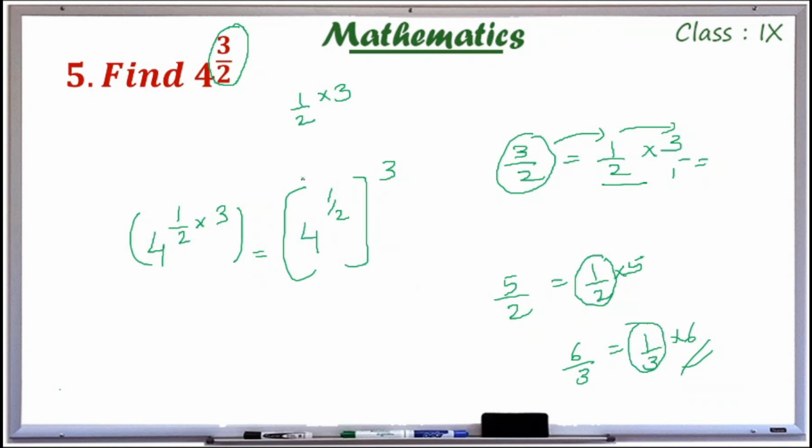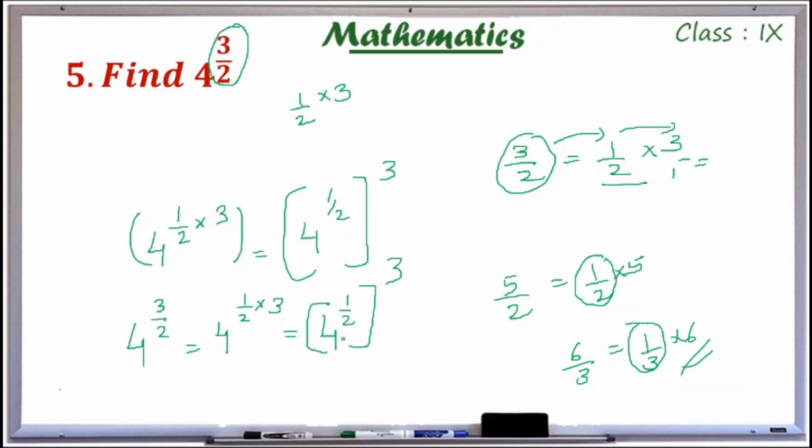So in the case of 3 by 2, it is 1 by 2 into 3. I can write 4 raised to 3 by 2 as 4 raised to 1 by 2 into 3, and in the next step as 4 raised to 1 by 2, all raised to 3.